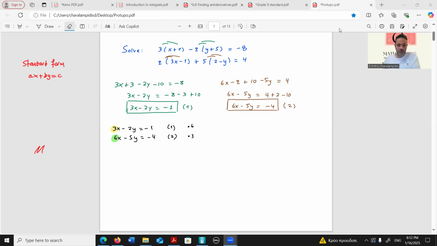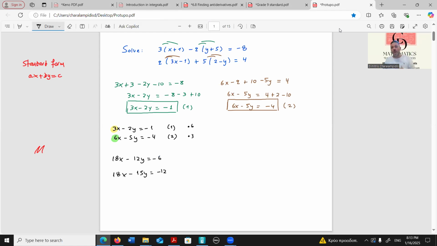Now I should multiply the first one by 6. So 18x minus 12y is negative 6. And the second one should be multiplied by 3. So 18x again minus 15y equals negative 12.